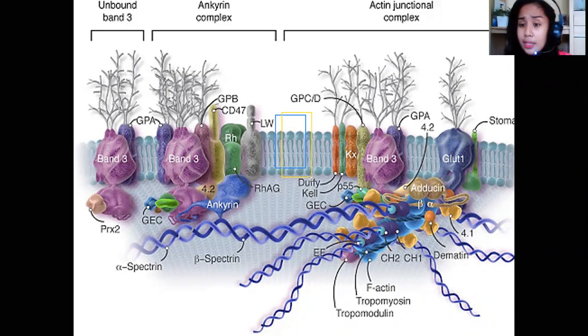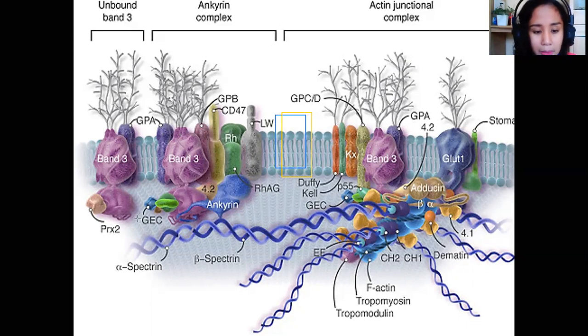It's a bilipid layer, parang sa normal cell lang. And in the bilipid layer, meron tayong mga integral proteins. Integral proteins are the proteins which go through the bilipid layer. Itong mga bilog-bilog na to, band 3, KX, GLUT1, RH, these are proteins that are found on the red blood cell membrane.